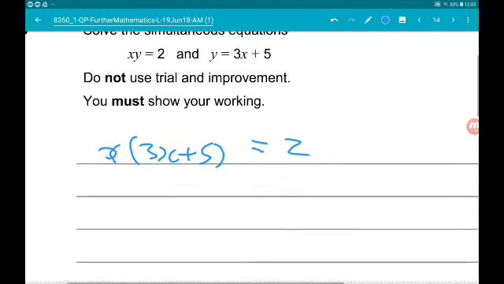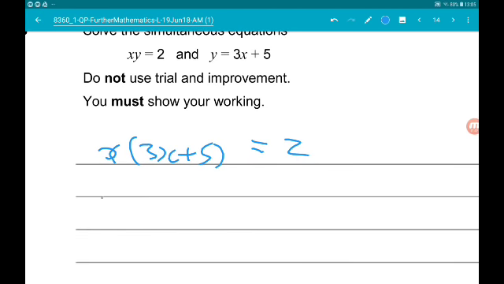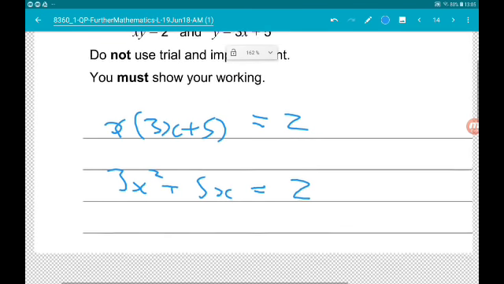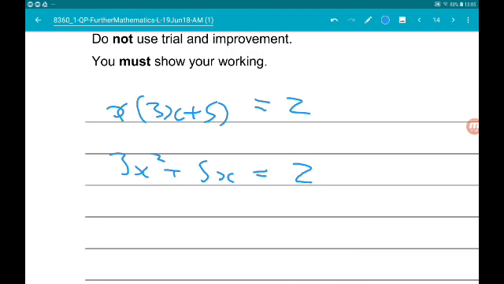Now if we expand the brackets, we get 3x squared add 5x is equal to 2. Take away the 2 and we get 3x squared add 5x, minus 2 is equal to 0.